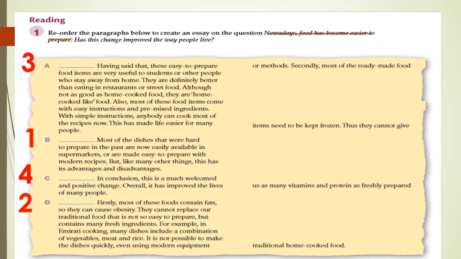Then number two, firstly, most of these foods contain fats, so they can cause obesity. They can't replace our traditional food that is not so easy to prepare, but contains many fresh ingredients.